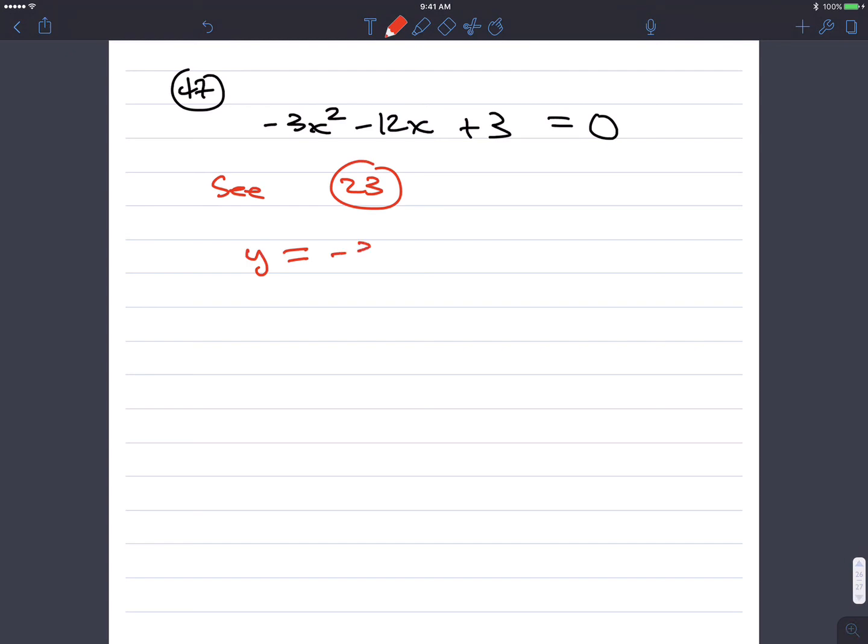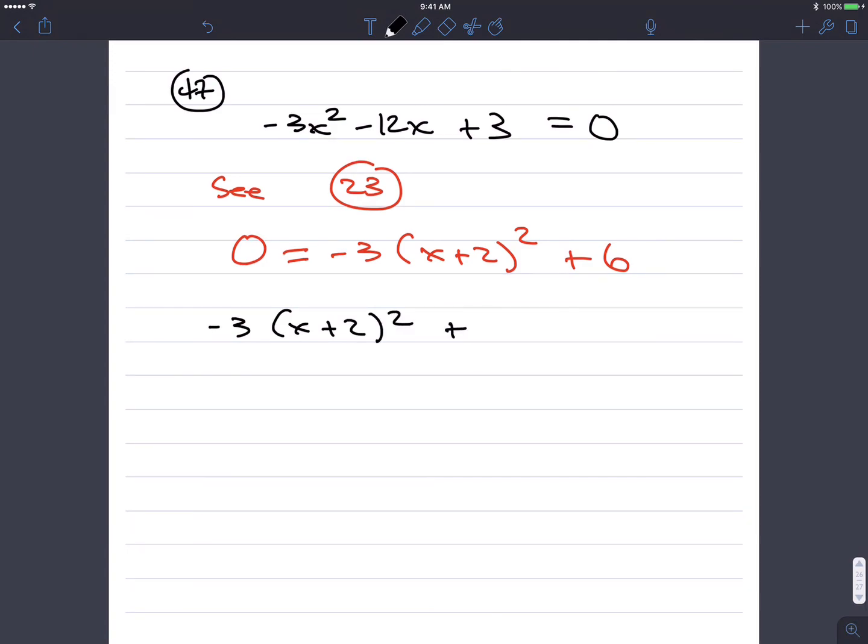Y is negative 3 times x plus 2 squared plus 6. And again, replacing y with 0. So negative 3 times x plus 2 squared plus 6 is 0. You subtract 6 from both sides. Negative 3 times x plus 2 squared is negative 6.